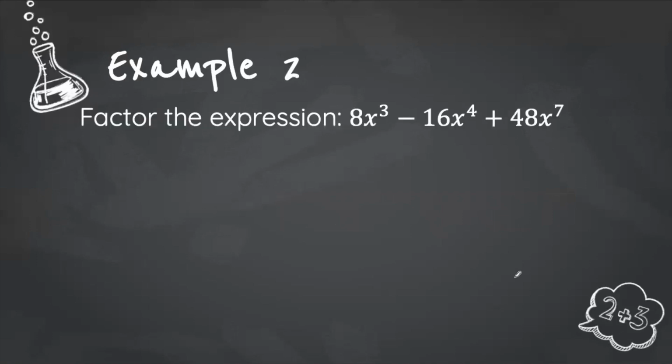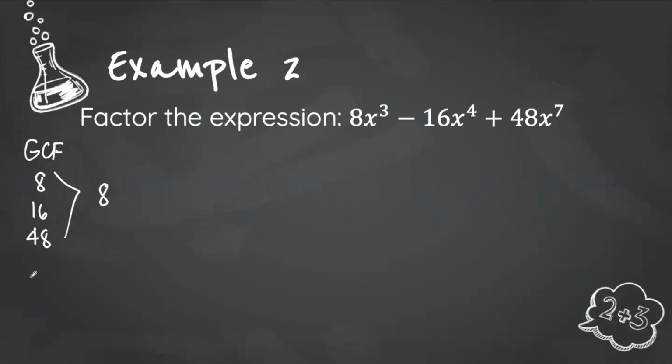Example number 2. Let's factor the expression 8x cubed minus 16x to the 4th plus 48x to the 7th power. Let's identify what's the GCF of the coefficients and the variable. The coefficients are 8, 16, and 48. And the GCF of 8, 16, and 48 is 8.